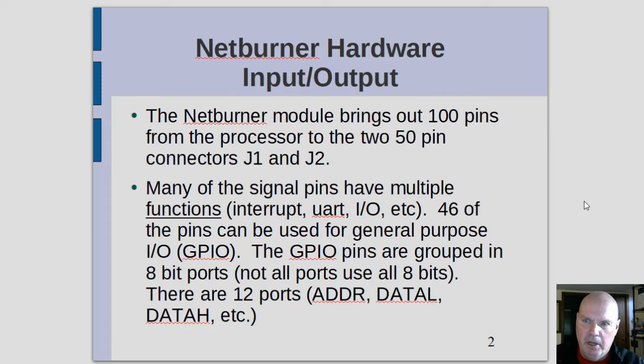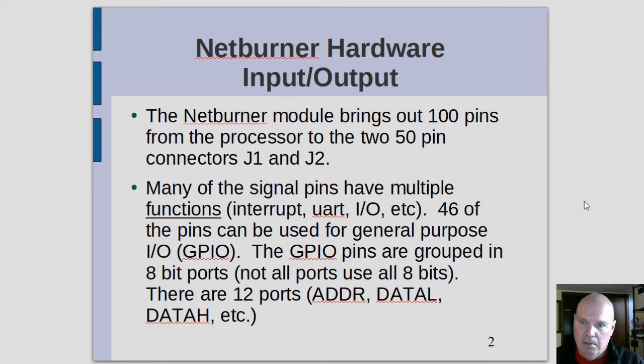So these are the 100 pins I'm referring to. One of the connectors is labeled J1. That's actually the one that, as you're looking down at the development board from the top with the Ethernet controller at the top, J1 is the connector on the left, and J2 is the connector on the right.